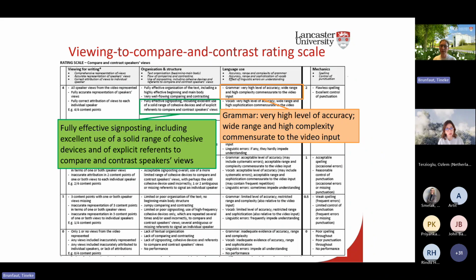So you need to make very clear he, she, they, whatever, who's talking and what is whose view, and organize your writing accordingly as well.